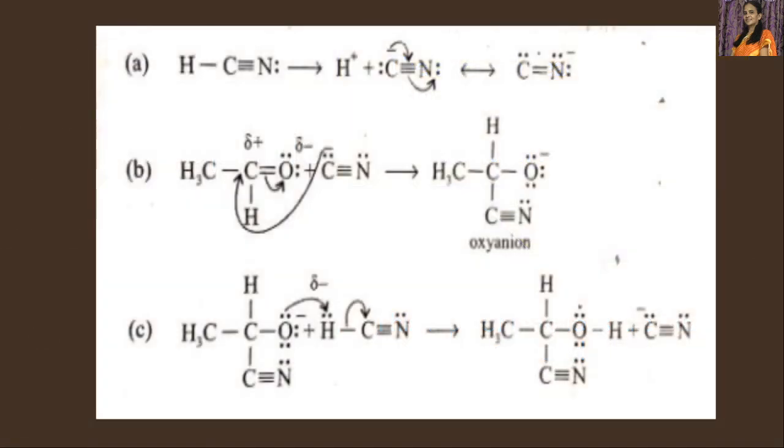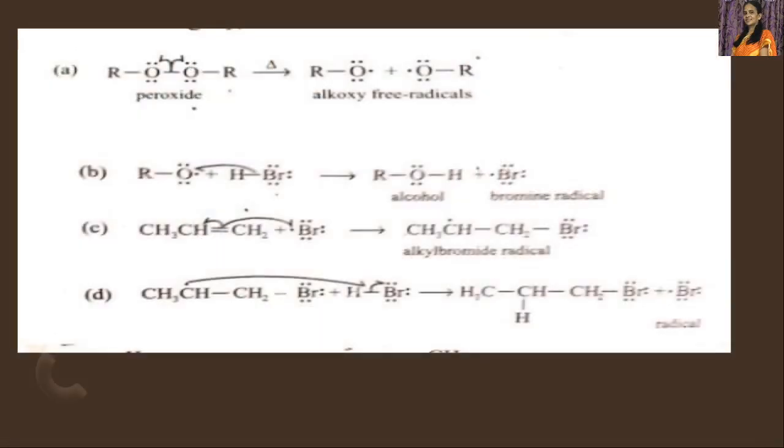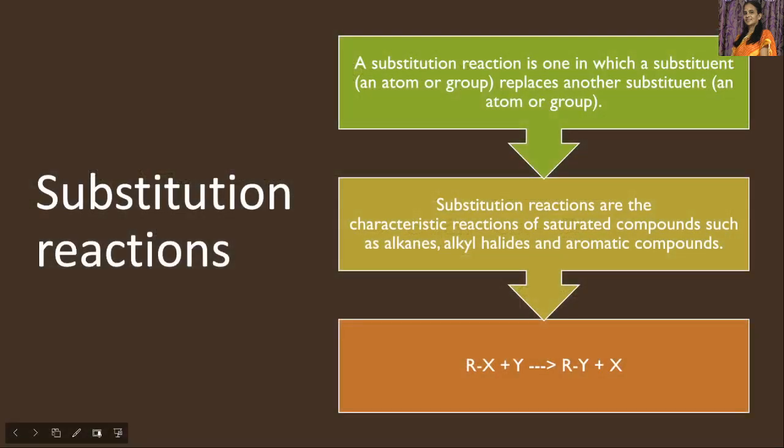The third is free radical addition, the characteristic reaction of alkenes in presence of peroxides. For example, propene combines with HBr in presence of a peroxide to form 1-bromopropane as the major product.